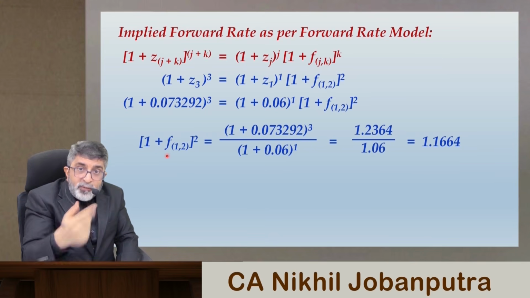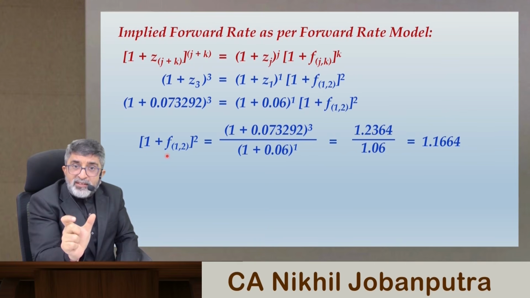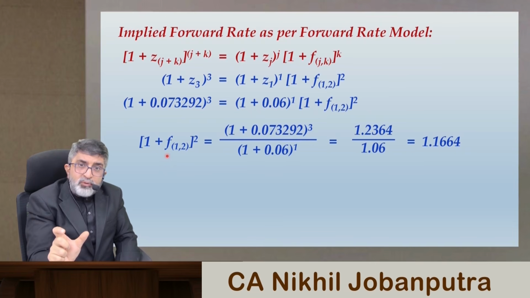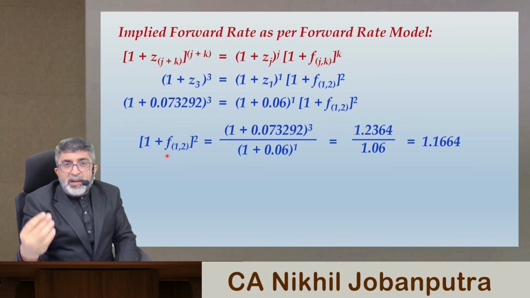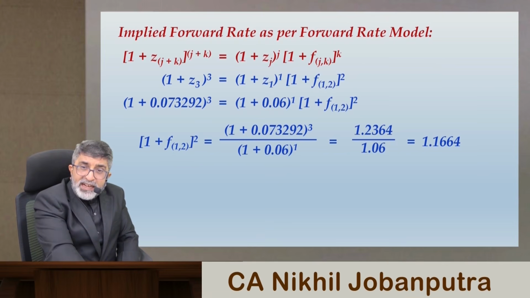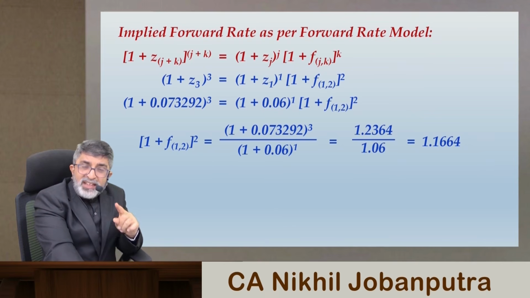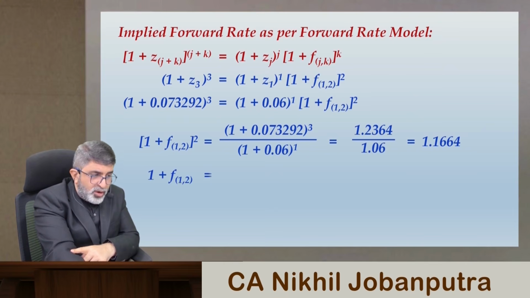So don't forget to take the square root to get the root value, that is the implied 1 year factor, and from that implied 1 year factor, when you subtract 1, you get the implied 1 year rate. That is the annual rate, correct, which will be symbolically F1,2. So it's basically a 2-year rate, but you are expressing it as a per annum rate. That is why taking the square root is important over there.